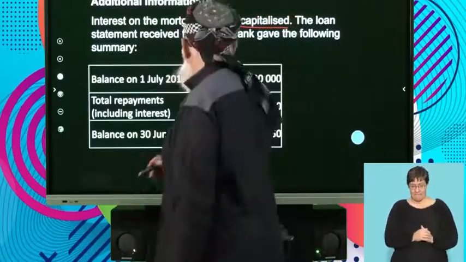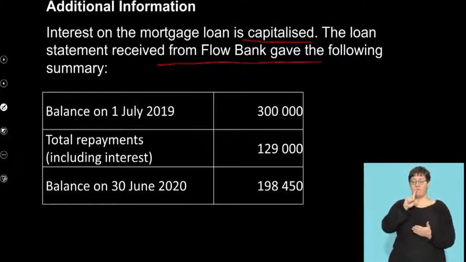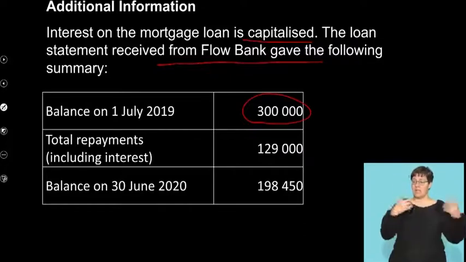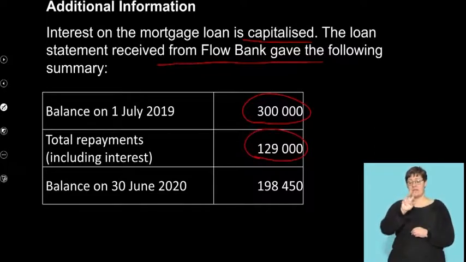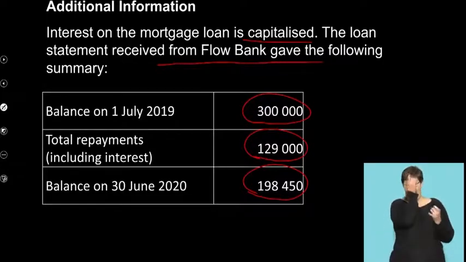Okay. The loan statement received from Flow Bank gave the following. Your balance at the beginning was 300,000. Your total repayments, including the interest, was 129,000, and your balance at the end was 198,450. Okay. Now, like I always say, whenever you have this information, put it in the form of a T account.